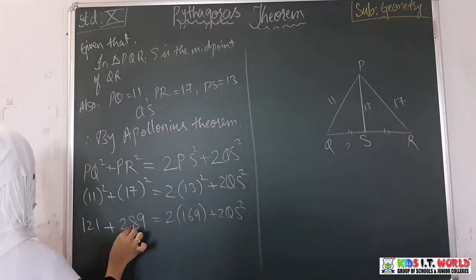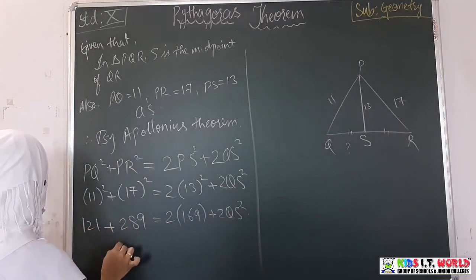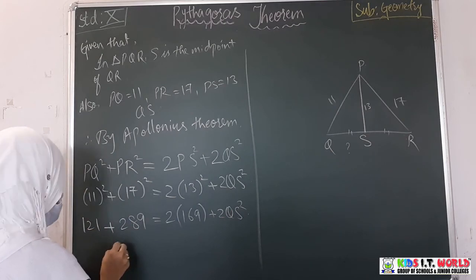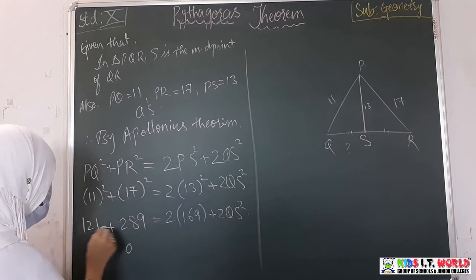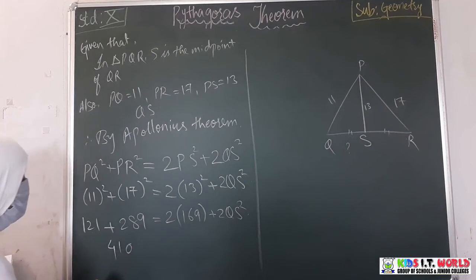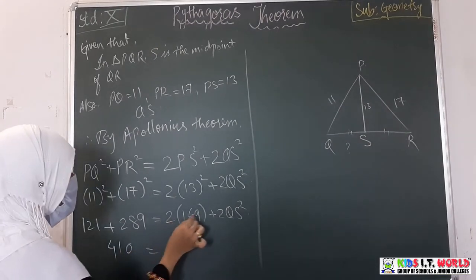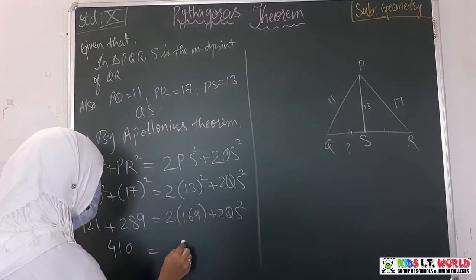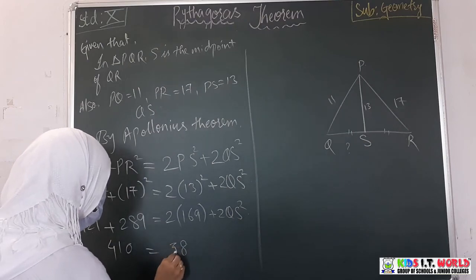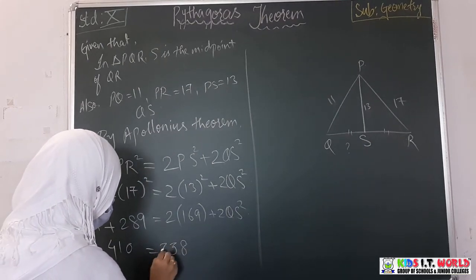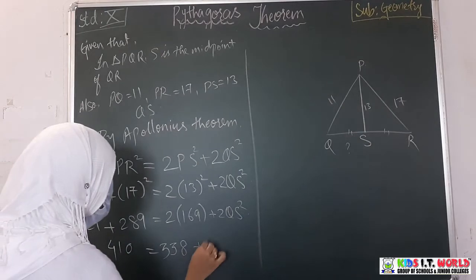121 plus 289 is 410, equal to 2 into 169, that is 338, plus 2QS square.